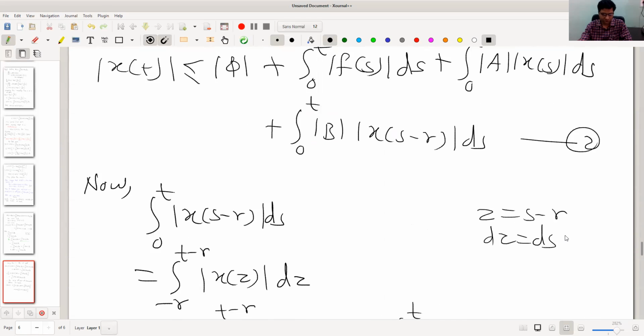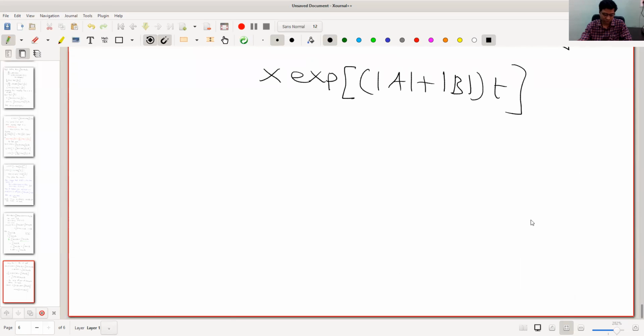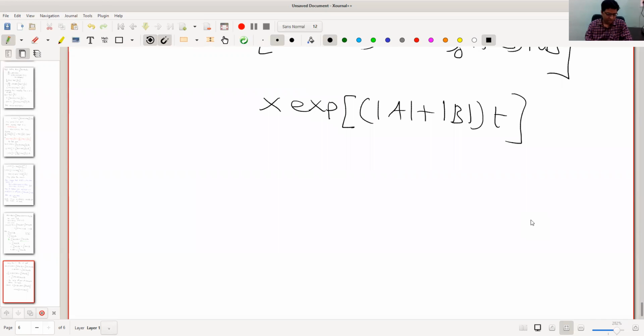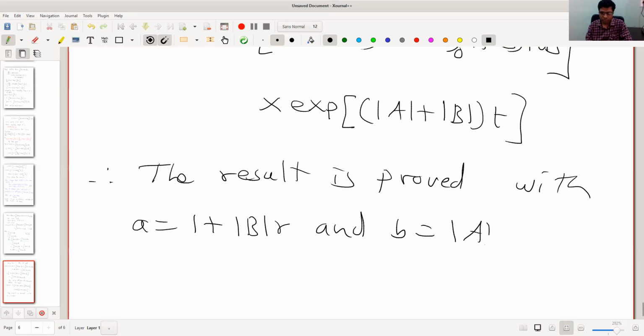Okay, so we write down what are our a and b. The result is proved with a equal to 1 plus mod B into r and b equal to mod A plus mod B.